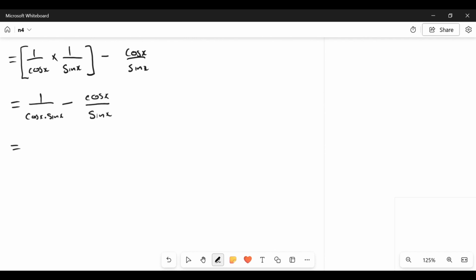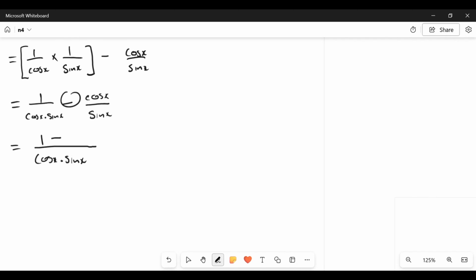When it's like this, we need to find our LCD, which is going to be cos x multiplied by sine x. Now we divide this cos x sine x by that cos x sine x, which gives us 1 multiplied by that one there, and that gives us 1.